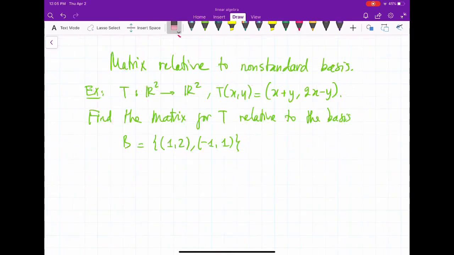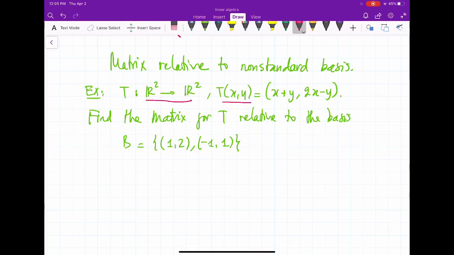Now let's talk about how to find the matrix relative to a non-standard basis when you go from one basis to another. We have a linear transformation T in R2 such that T(x, y) equals (x plus y, 2x minus y).